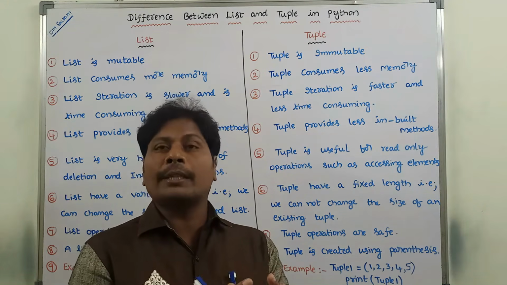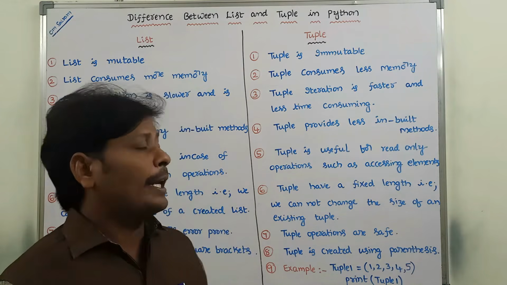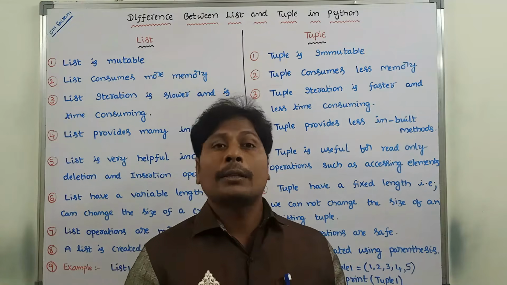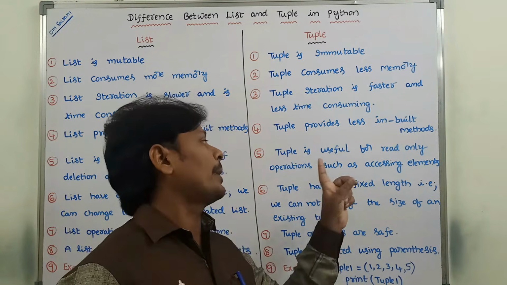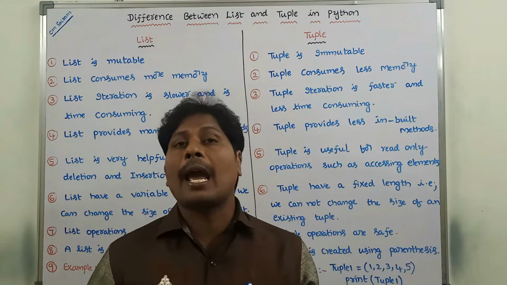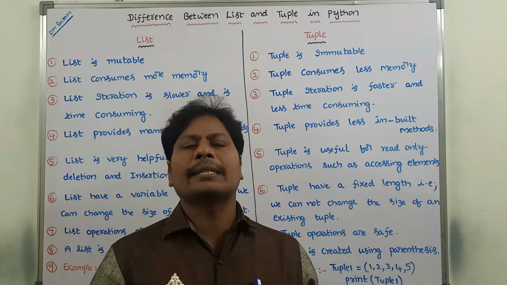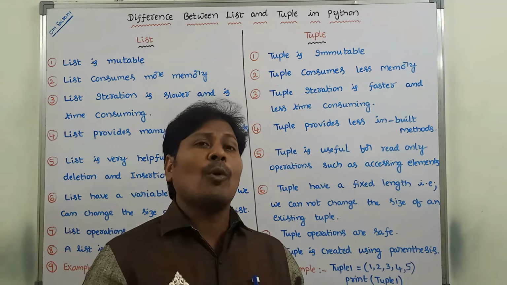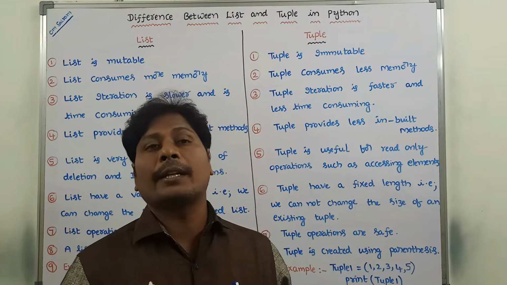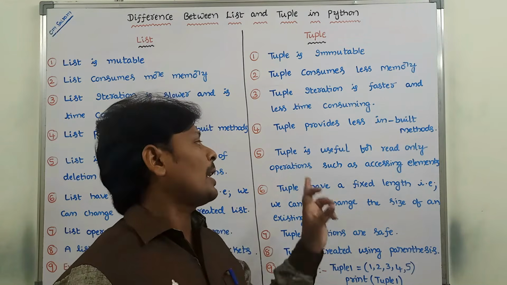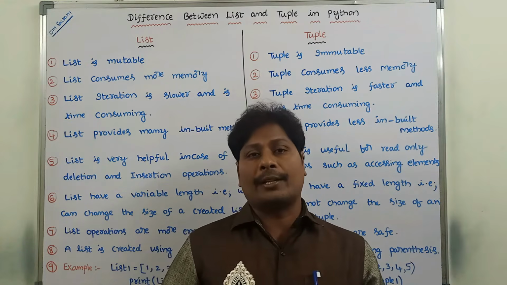Whereas in the case of tuple, tuple is useful only for read-only operations such as only accessing the elements, because once a tuple is created, it is not possible to change or modify. So because of that reason, we can say that tuple is useful only for read-only operations.